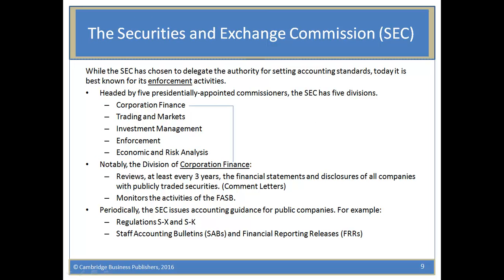While the SEC has chosen to delegate the authority for setting accounting standards, today it is best known for its enforcement activities. There are 5 divisions: corporate finance, trading and markets, investment management, enforcement, economic and risk analysis.